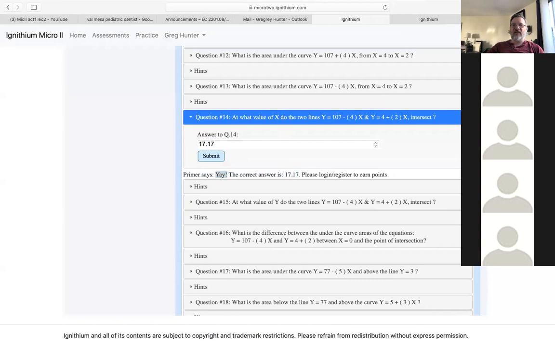If it says yay, the system is scoring you correct, like if this was on an exam and you're actually putting it in. If you put in a wrong answer, it'll say the submitted answer is incorrect, try again.